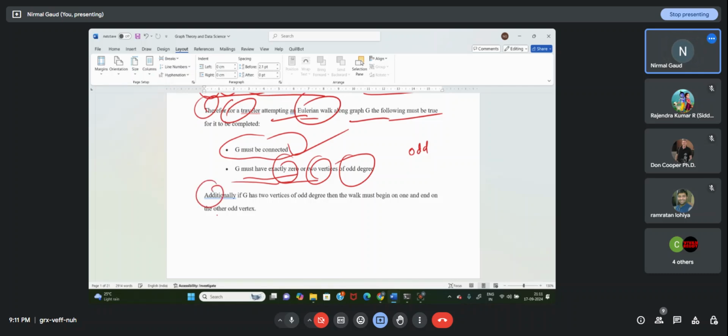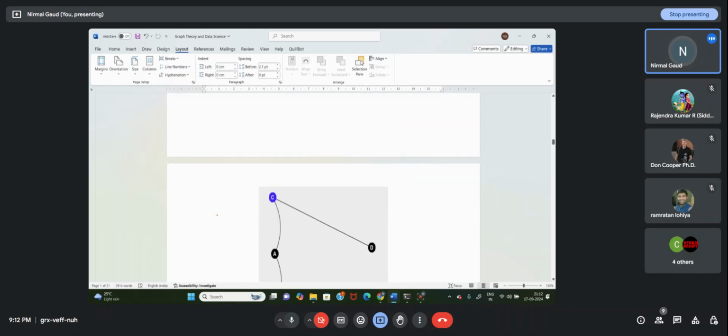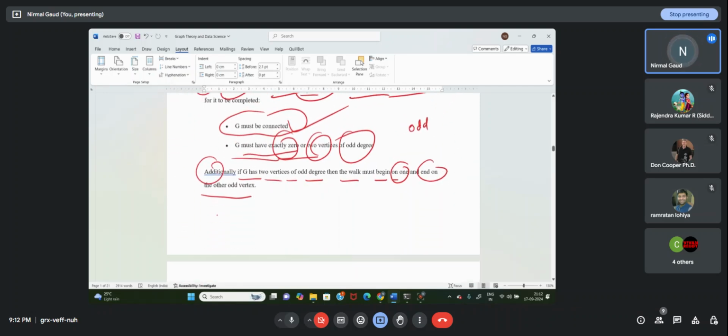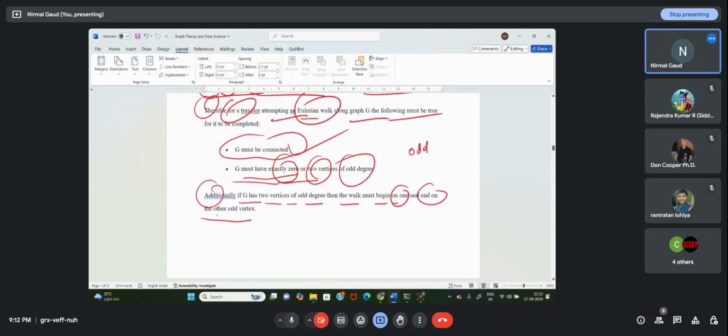Additionally, if the graph has two vertices of odd degree, then the walk must begin on one and end on the other odd vertex. If your graph has all even degrees, okay, fine. But if your graph has odd ones, there should definitely be two odd vertices. That's mandatory, and that's the conclusion of Euler, how he tried to solve the problem, what is the requirement to solve such kinds of problems.